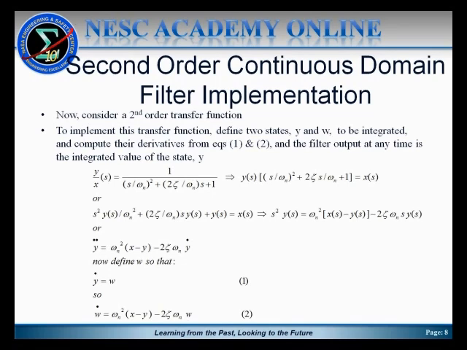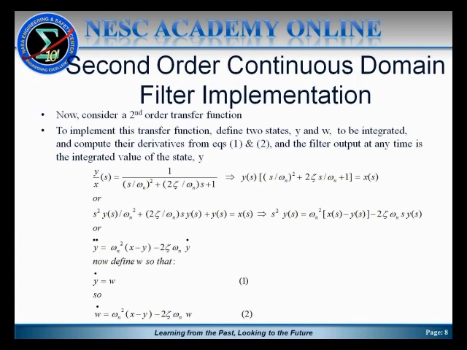So at any time as the simulation progresses, you come in with a value of x, a current integrated value of y, and a current integrated value of w, and from equation 2 you say that the current derivative of w, w dot, is the lag frequency squared times the current input x minus the current state y minus 2 zeta times omega n times the current state w.